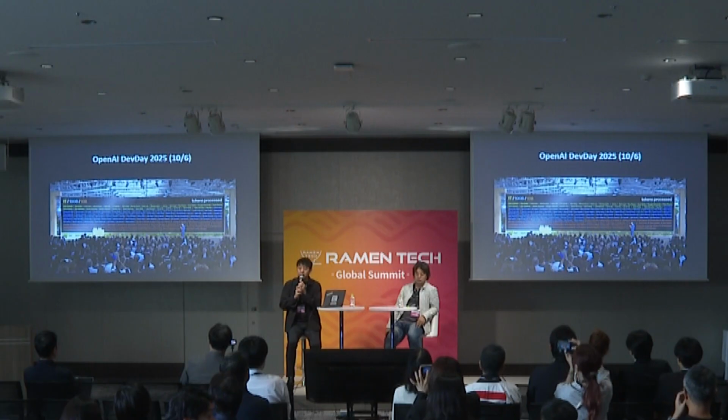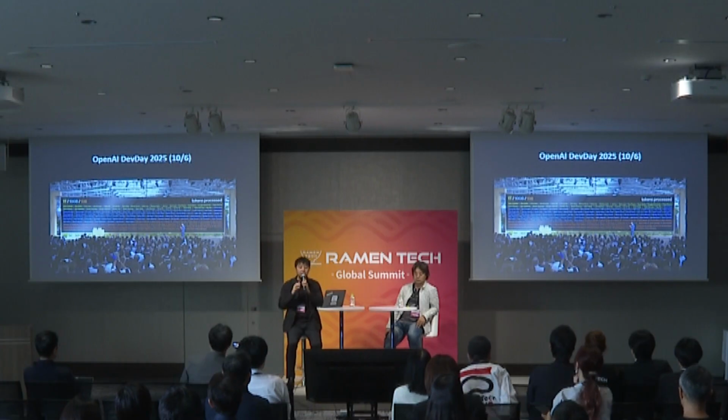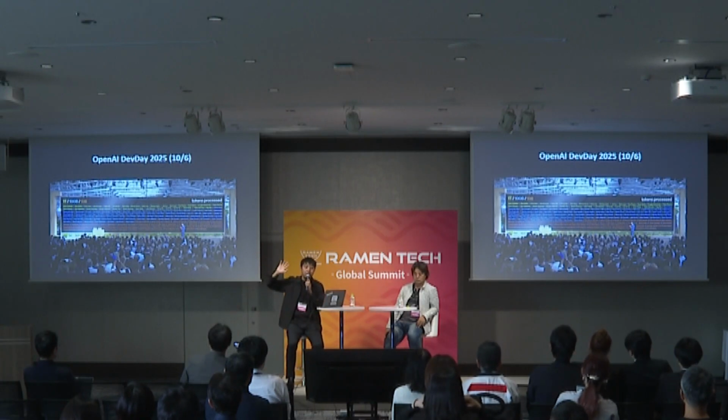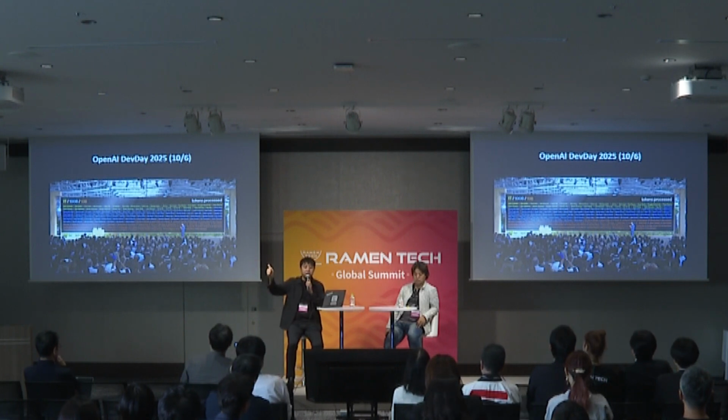A couple of days ago, OpenAI held a huge Dev Day event in San Francisco. They posted this image just 2 days ago about their top customers using the OpenAI API, passing 1 trillion tokens, 100B, 10B.